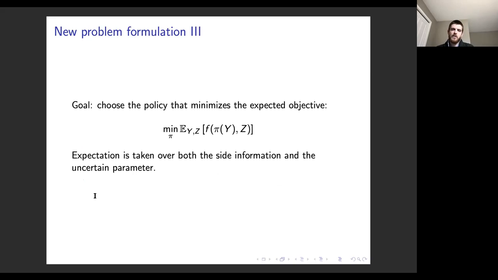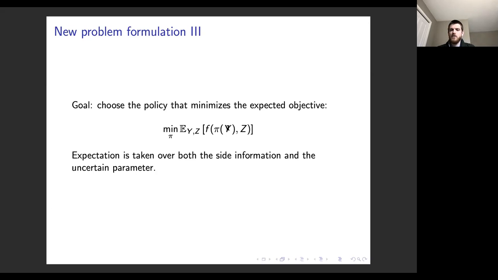Now our overall goal is going to be to choose the policy that minimizes the expected objective, where the expectation is taken over both side information and uncertain parameter. So it looks something like this. We still have our objective function, and instead of just choosing a single action, what we're plugging in here is the choice in the policy.